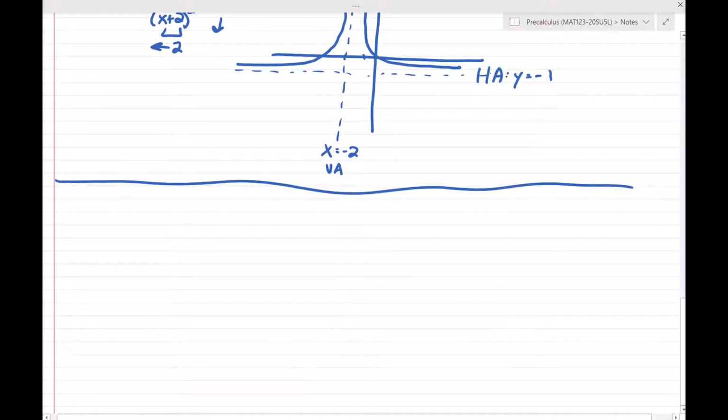So let me show you the general rules to graph these, and then we'll graph maybe 4 problems. So graphing rational functions. And these are going to be our 4 steps.